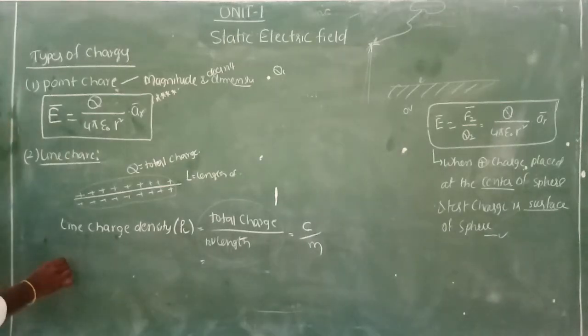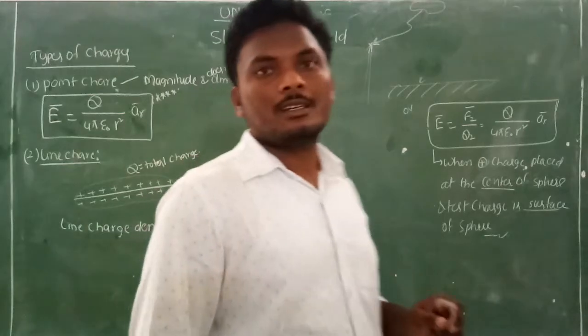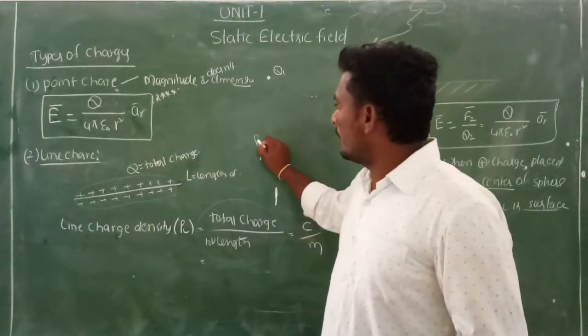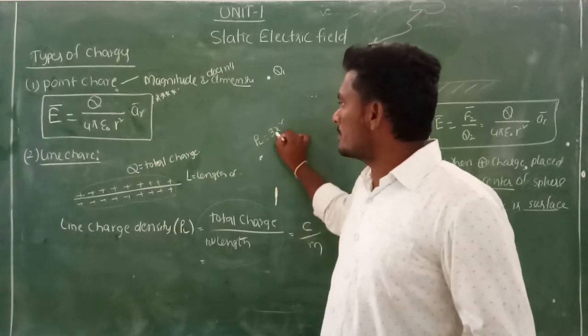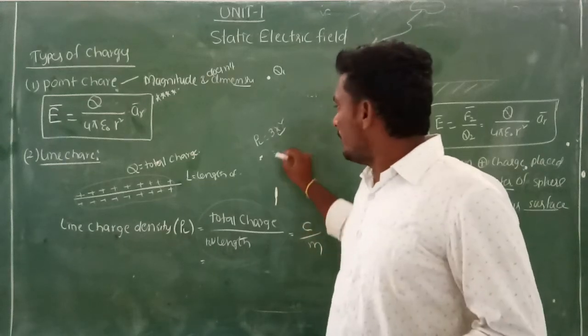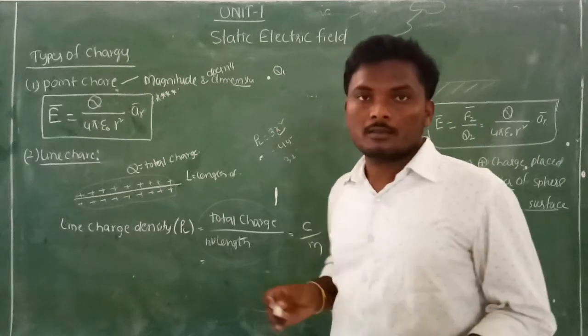Your rho L is not always restricted to one component. For example, rho L may have 3x square, that means it has an x component, and rho L may have 4y square and 3z square like this.